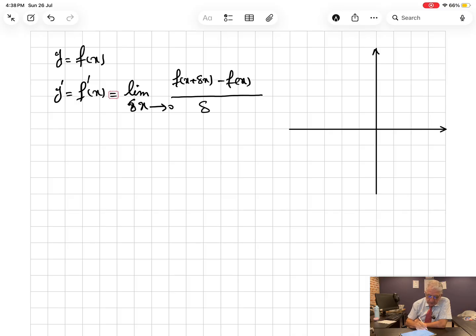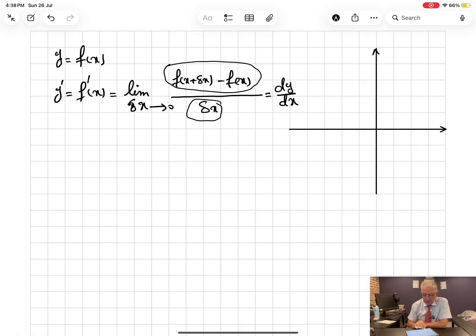And we denote this by dy by dx. That is the change in y in the numerator, divided by the change in x. So you are going to get dy by dx.